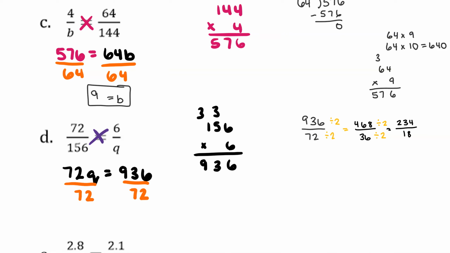Let's keep making the numbers smaller. So I'll divide by 2 again. So 234 divided by 2 would be 117. And 18 divided by 2 is 9.